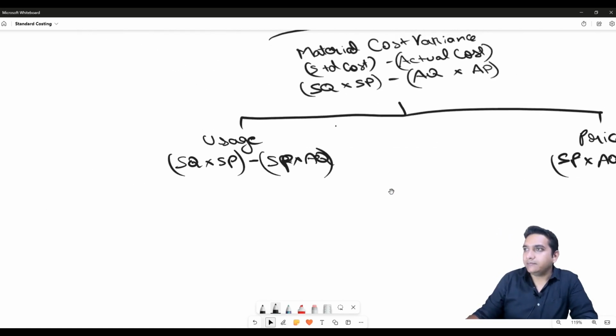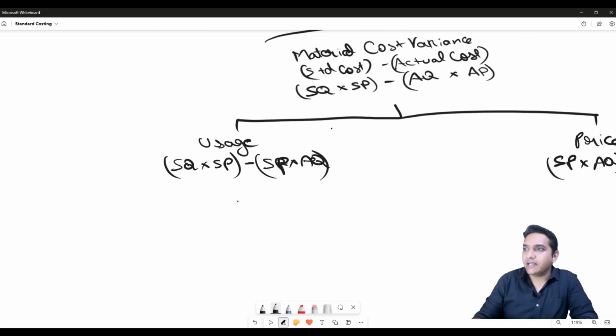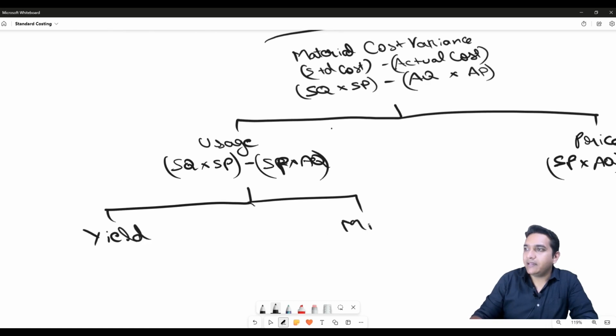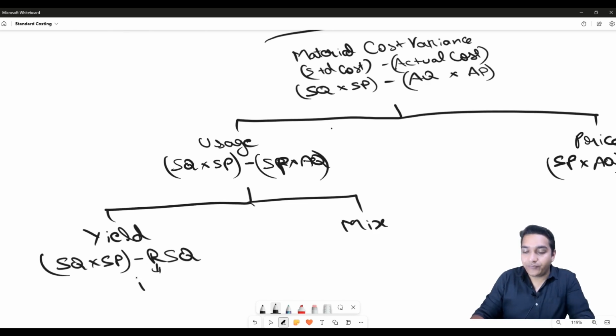Going further, usage is again divided into two parts: material yield variance and material mix variance. So the formula to calculate yield variance is standard quantity times standard price minus revised standard quantity, RSQ. So this is revised standard quantity.